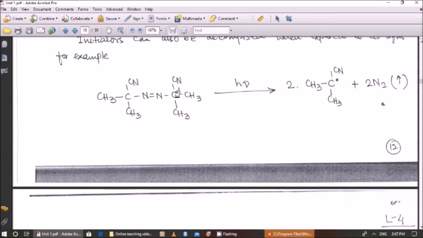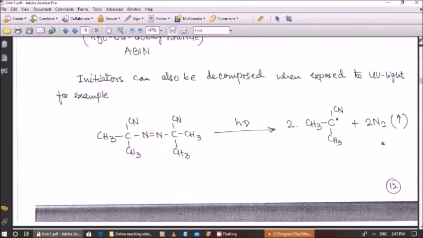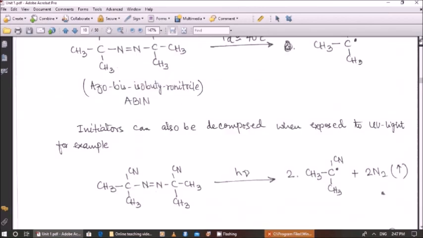For example, AIBN can be decomposed by the presence of ultraviolet light, and it will form free radicals.